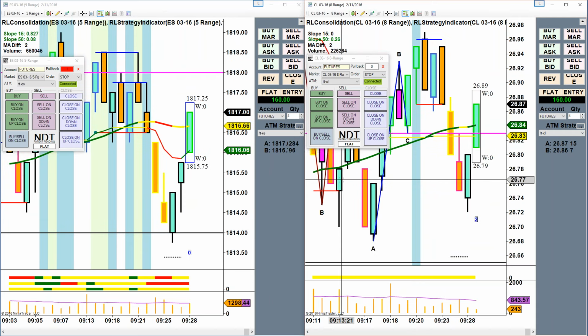It goes crude right back into the direction of the higher time frames, which is why we wait for time frame alignment. And the background bias tells us when we have it.